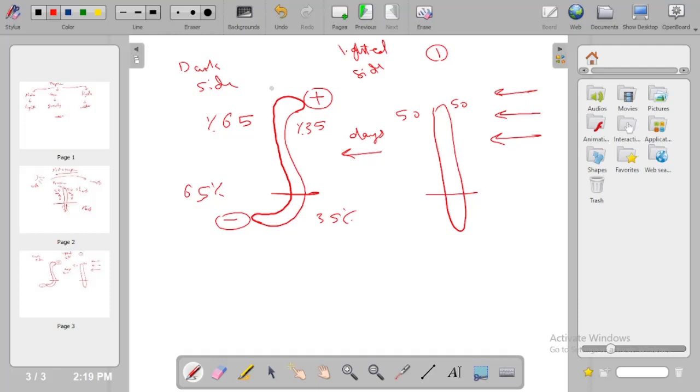Auxins with high concentration in the stem cause elongation of cells. Elongation means enlarging or increasing in size, while 35% of auxins in the stem will cause inhibition.